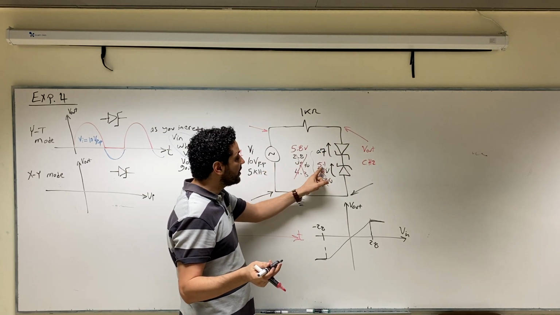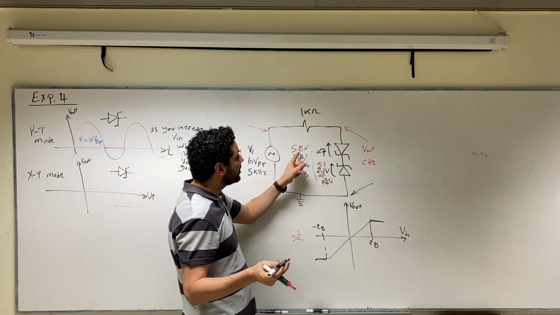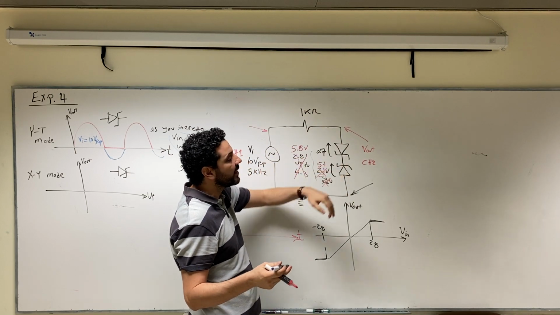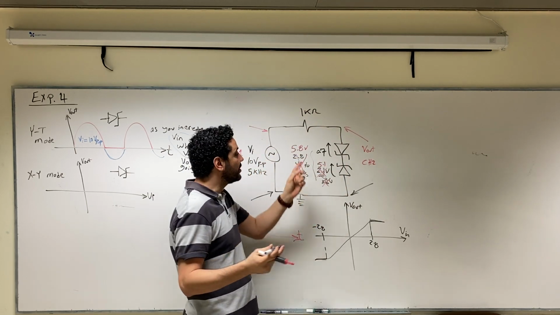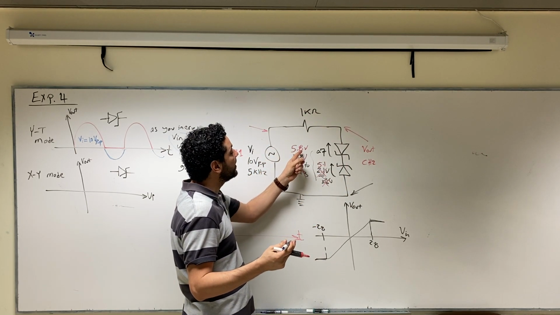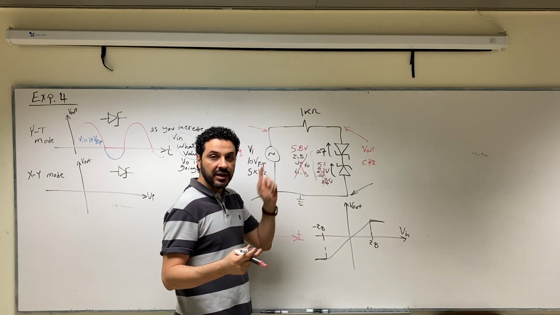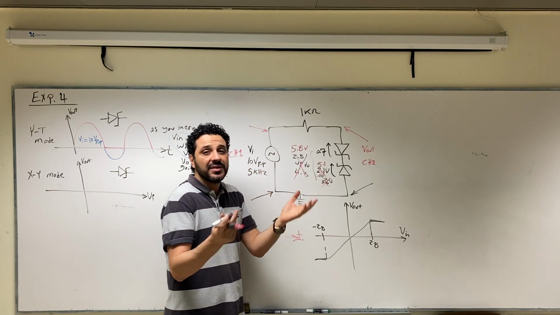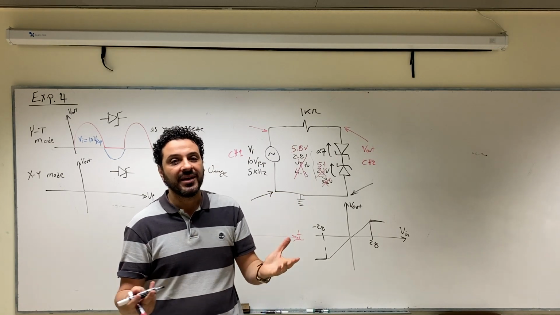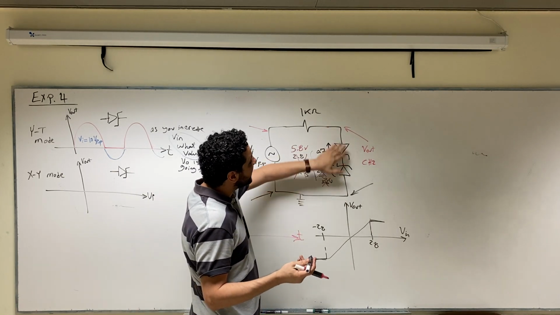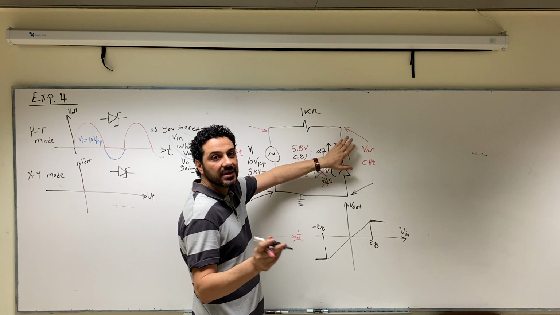That's why we don't use the 5.1 here, because in order for this branch to operate, you need at least 5.8 volt peak from the source, but the source gives you a maximum of 5. So if it gives you a maximum of 5, this branch will always be open circuit and it will not operate.